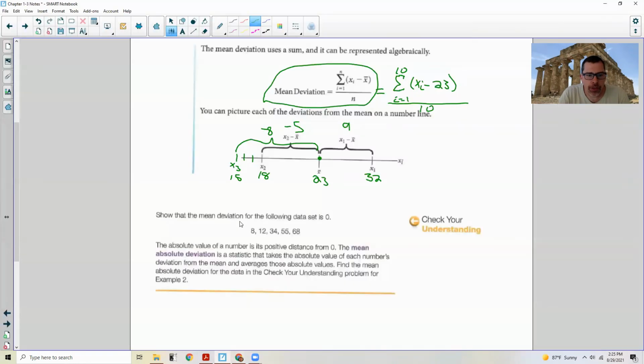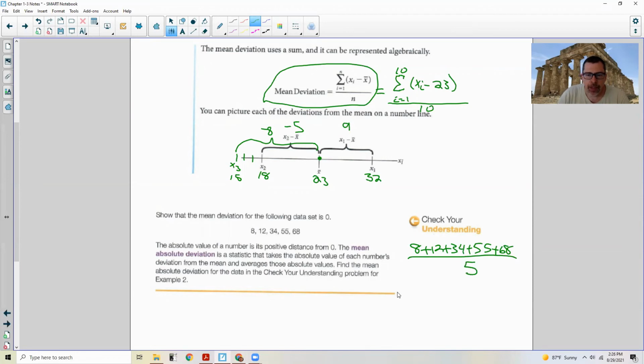So it said show that the mean deviation for the following data set is 0. So to show that on paper, what you would do is you would take the sum of all these: 8 plus 12 plus 34 plus 55 plus 68, divided by 5.